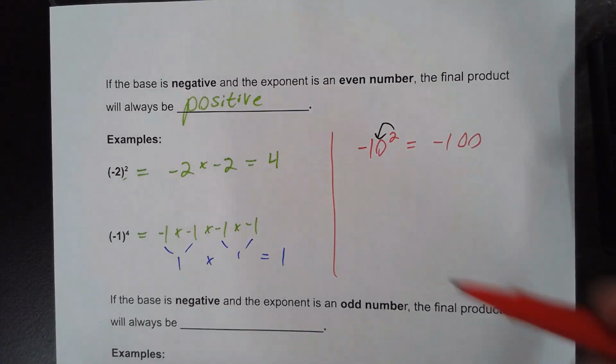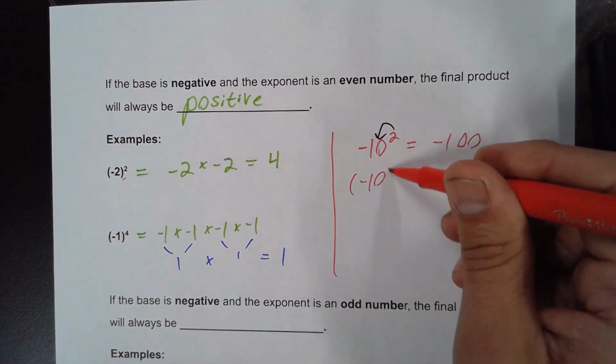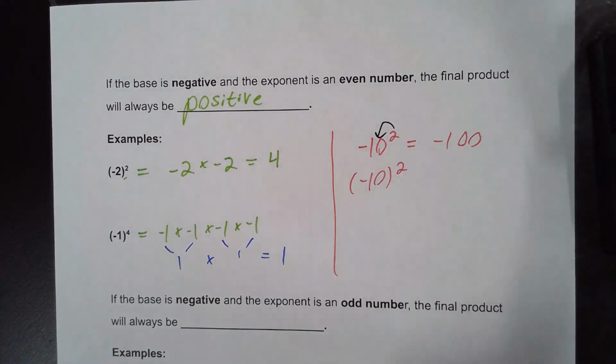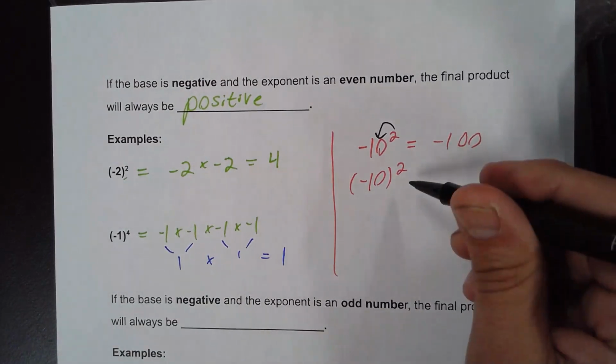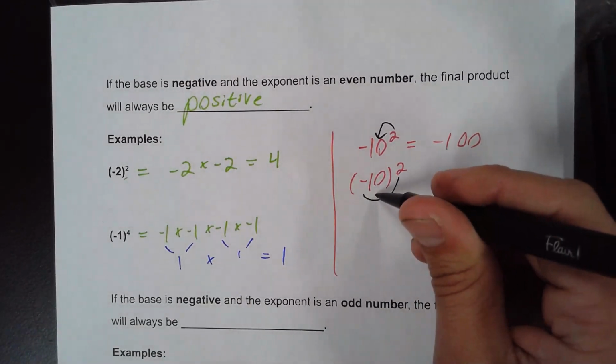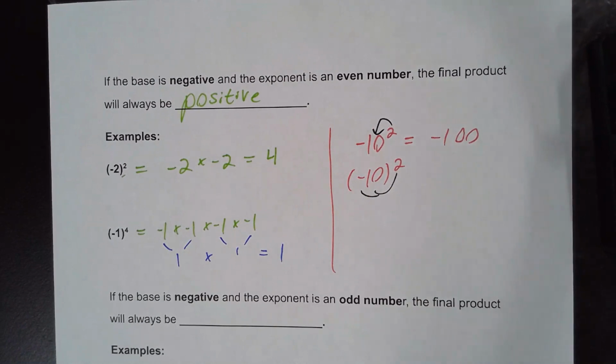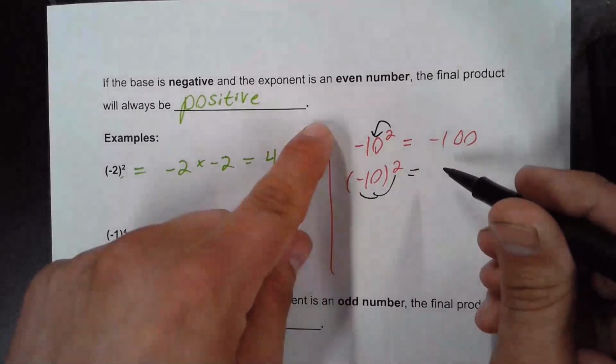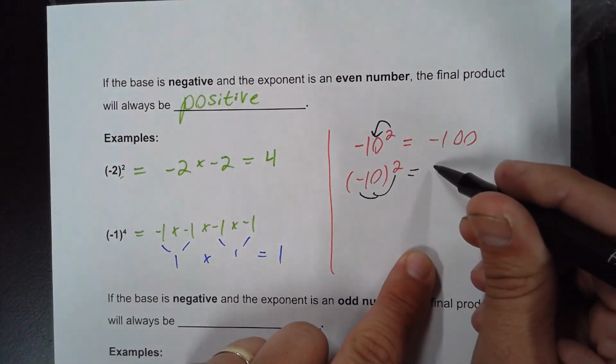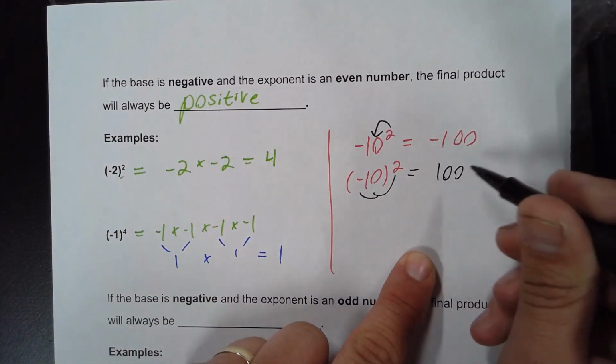Now if I had parentheses around the negative 10, that would tell me that the square is squaring the 10 and the negative. So the parentheses kind of says square everything, not just the 10. So in this case it's negative, but when you have the parentheses, that would be positive.